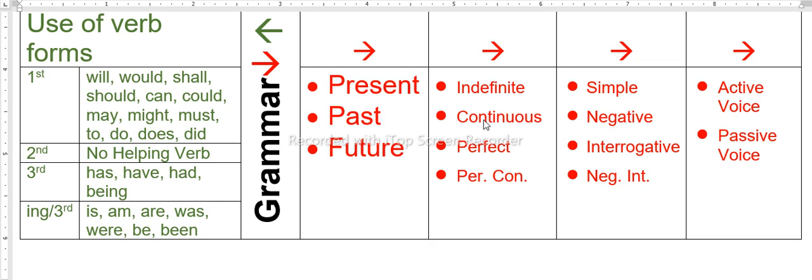This is the direction of translation, and you will never be able to translate unless you become an expert in two languages, your native language and your English language. If you're not expert in that, you will not be able to translate, and you will learn, of course, a few sentences, if there is proper use of verb form. Otherwise, your English will go wrong.